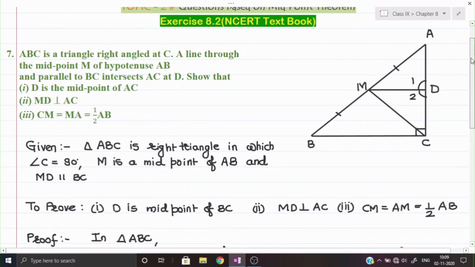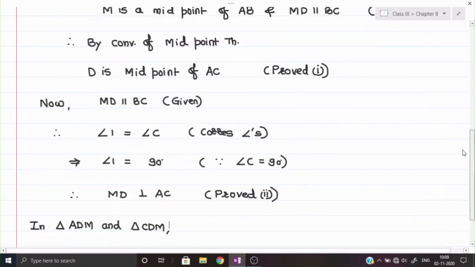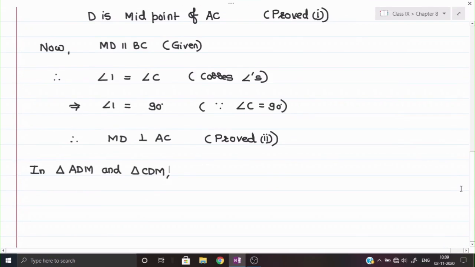AD and CD are equal, MD common. So first we'll mention here AD is equal to CD. You can see that this we have proved earlier, in the first part that we have proved already. Proved earlier, AD and CD are equal.